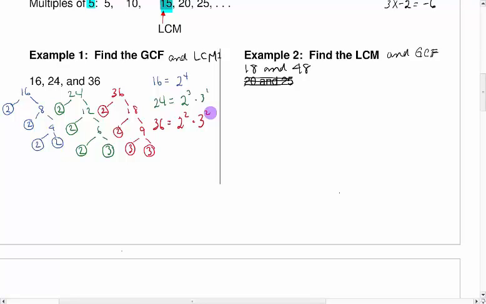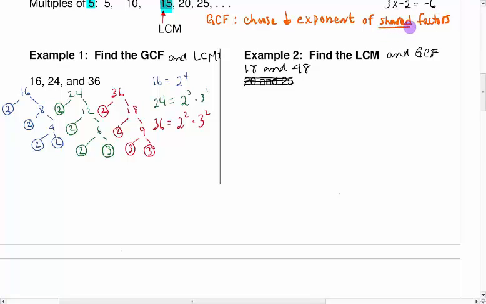Okay, so how do we find GCFs and LCMs using prime factorization? Well, for GCF, what you want to do is choose the smallest exponent, so I'm using a down arrow for smallest exponent, of shared factors.